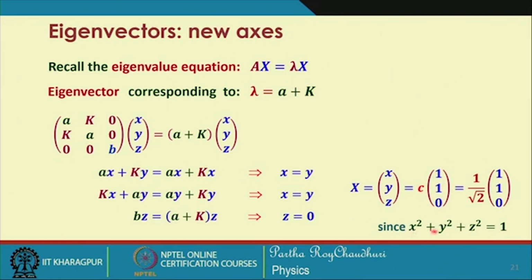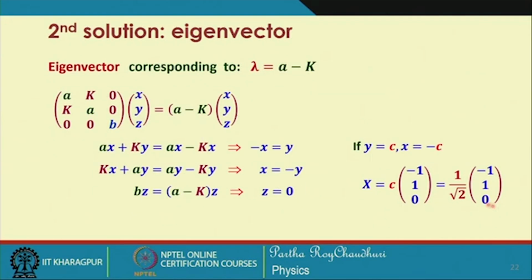Now, since x square plus y square plus z square equal to 1, you can write the normalized eigenvector as 1 by root 2 times (1, 1, 0). In the same way, we will consider the second eigenvalue, that is lambda equal to a minus k. We will substitute in the eigenvalue equation the eigenvalue and again the eigenvector.